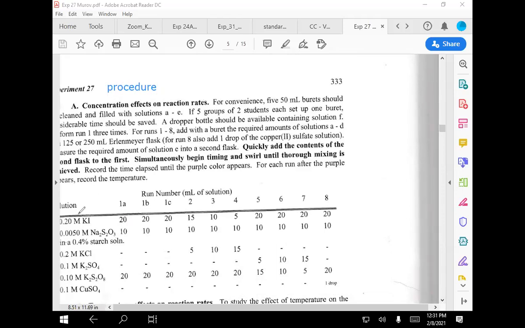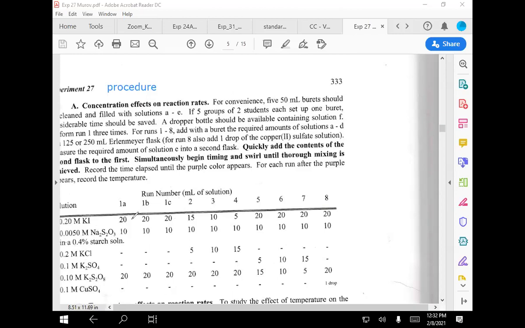And this is telling you what solutions you would put together. So for example, there's a 1A, 1B, 1C. You're putting the same solutions together, but 3 times. So this table is giving you what to do as far as the solutions to put together. So you're using all these different solutions and you're following this table.